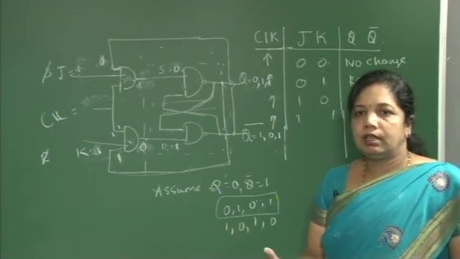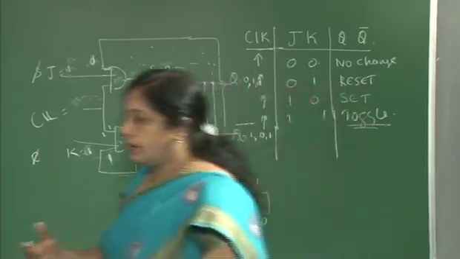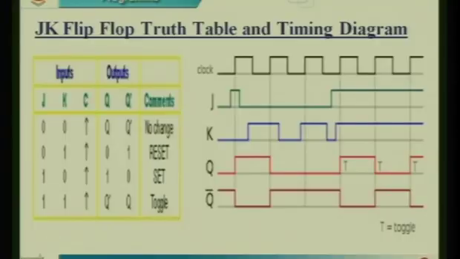You can just see the timing diagram of this JK flip-flop. So this is your clock, J input, K input. So when my J is 1, K is 0, at the clock edge, the 1 and 0 condition is nothing but set condition.